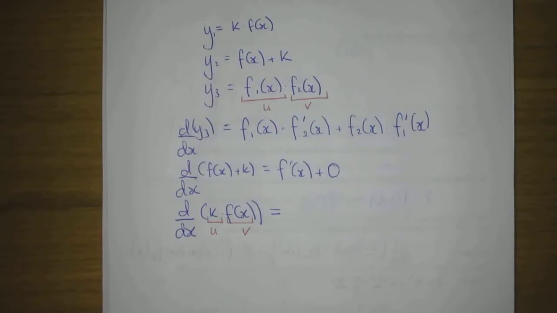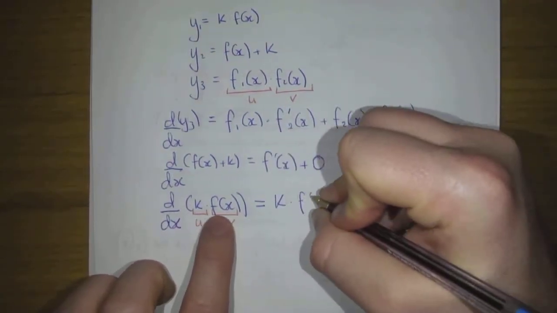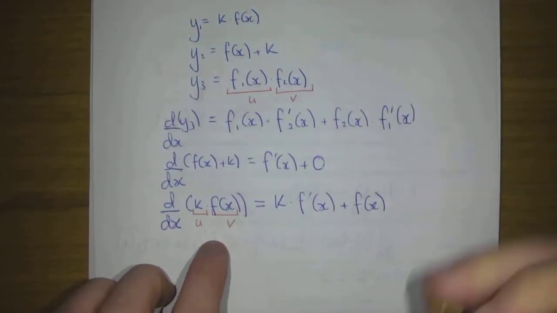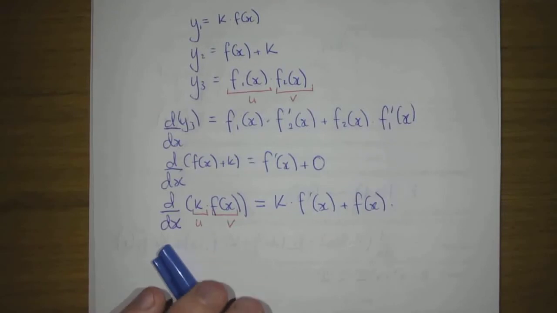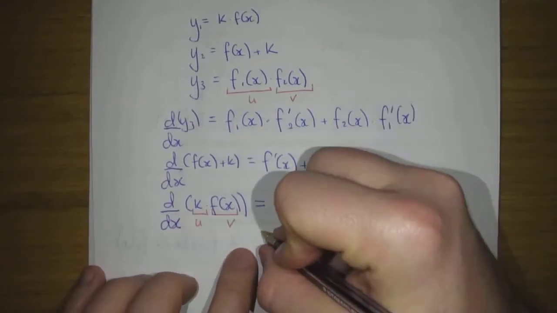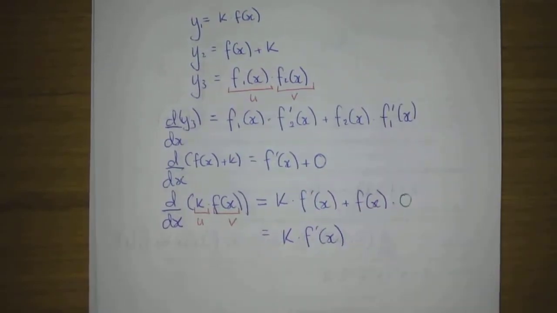And let's see what happens when you use the product rule. It's the first thing by the derivative of the second thing, plus the second thing by the derivative of the first thing. And now it is true to say that the derivative of a constant is 0. And f of x times 0 is just 0. So you're just left with k times f dash of x plus 0.